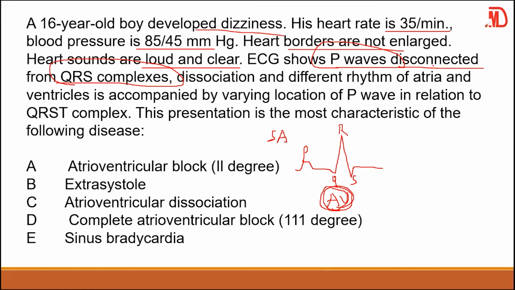So disconnected QRS complex, dissociation and different rhythm of the atrium and the ventricles. The atria are beating differently, the ventricles are also having their own dance, isn't it? Now, this presentation is most characteristic of what? Again, there's no connection between the P and the QRS complex, so definitely you are looking at a complete AV blockage. That is why here your answer should be D, complete AV blockage.